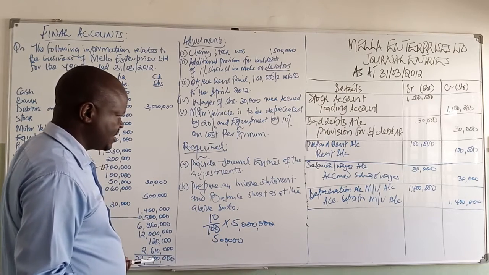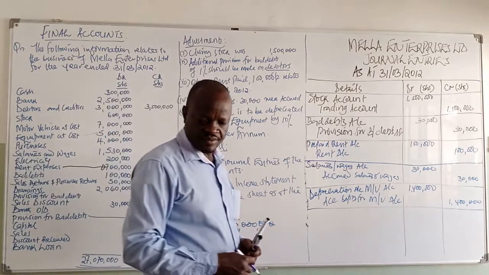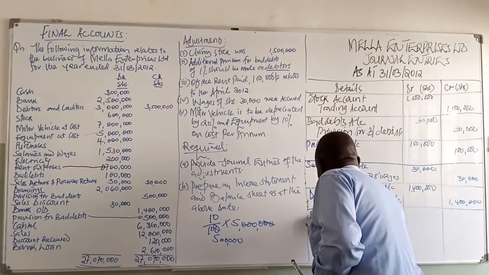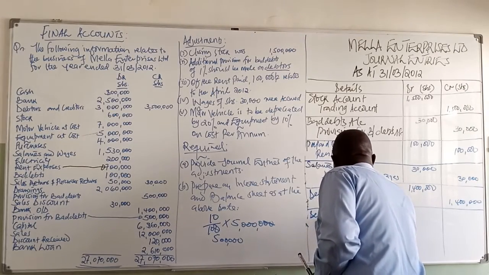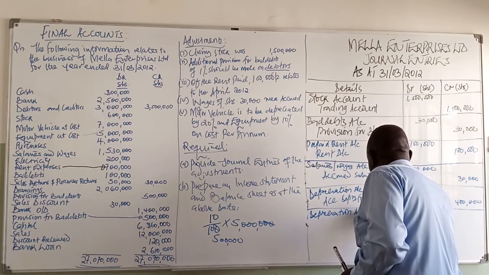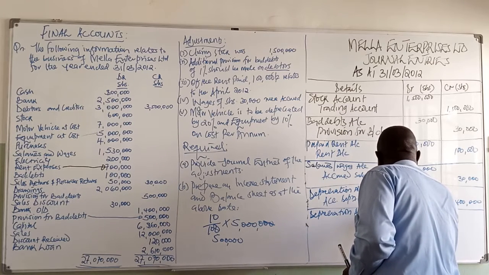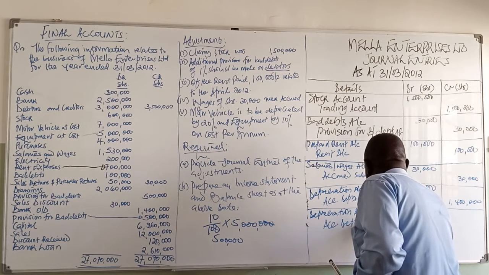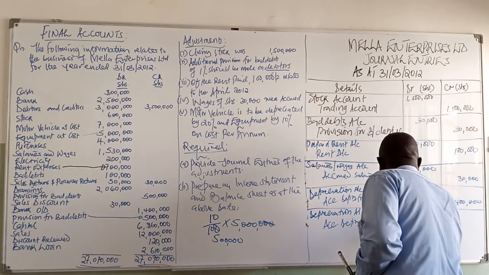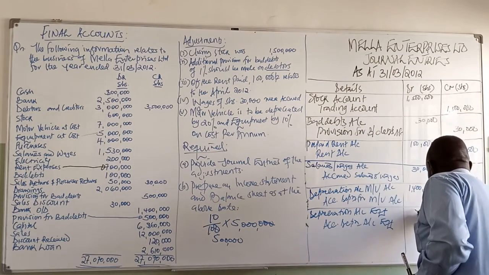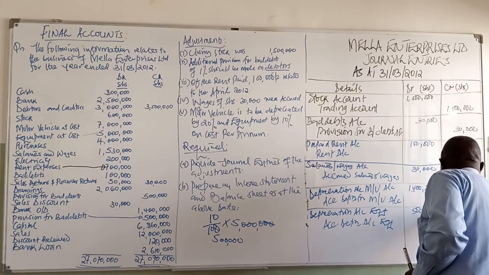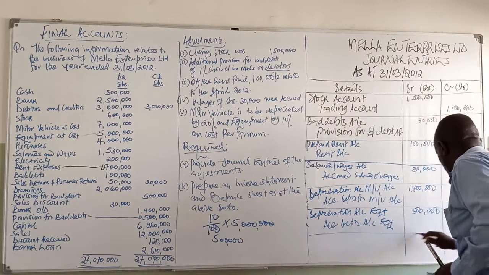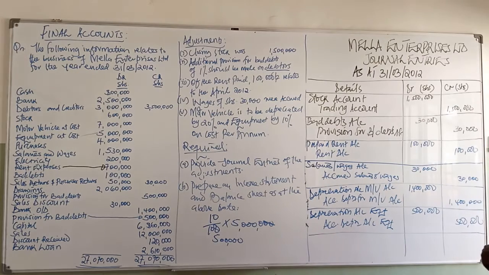And it is the same thing. Depreciation of equipment account, debit depreciation account here of equipment, and credit accumulated depreciation account of equipment by the figure we have got, 500,000 here, and even here 500,000, and we close that account.